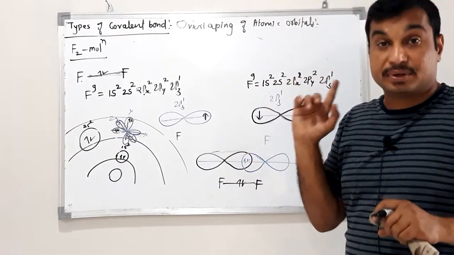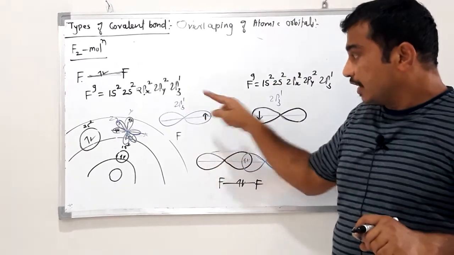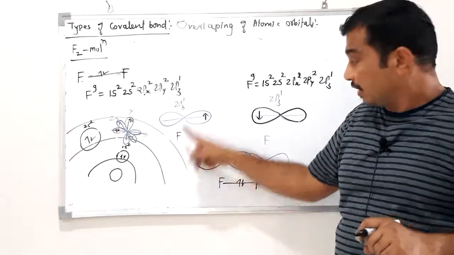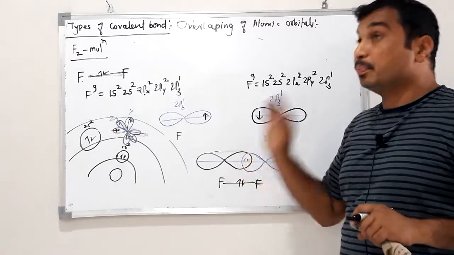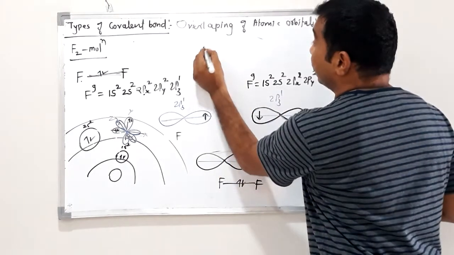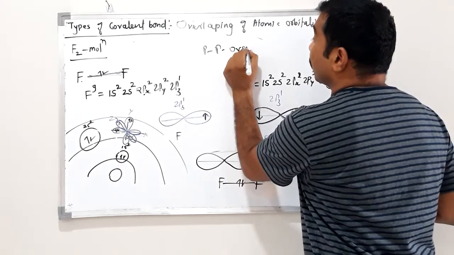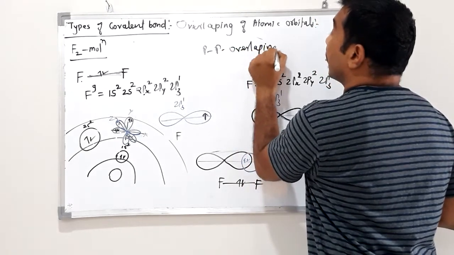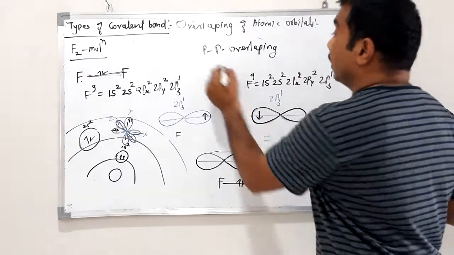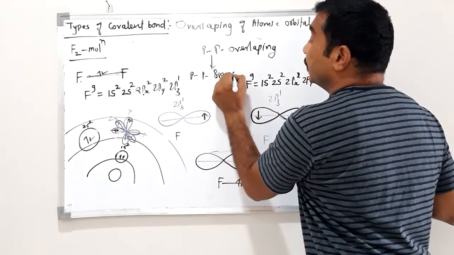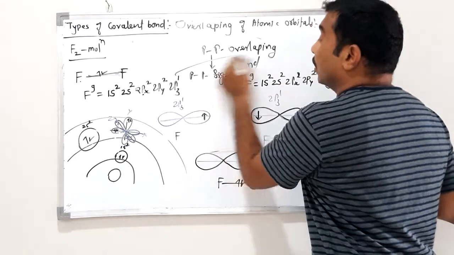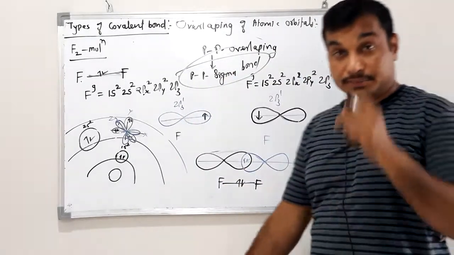The p type. 2pz is a p type atomic orbital, and here also a p type atomic orbital. Therefore, it is pp overlapping, and the resulting bond is called a pp sigma bond. Remember, this is very, very important.